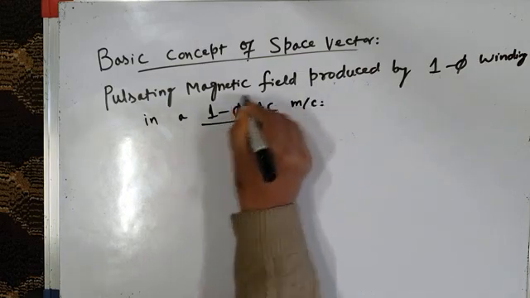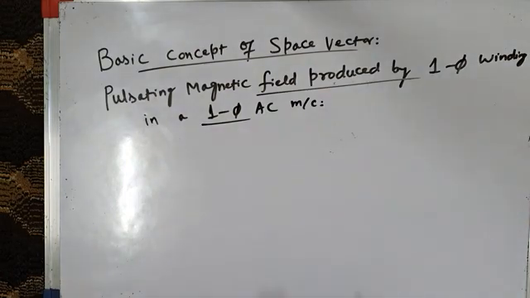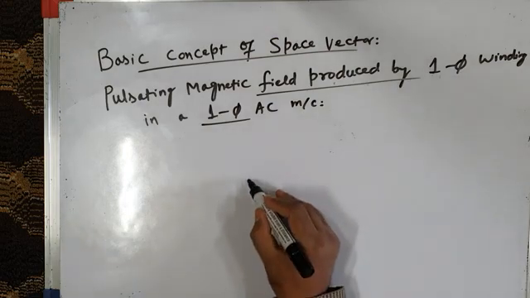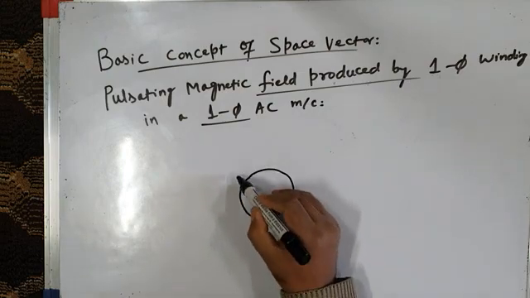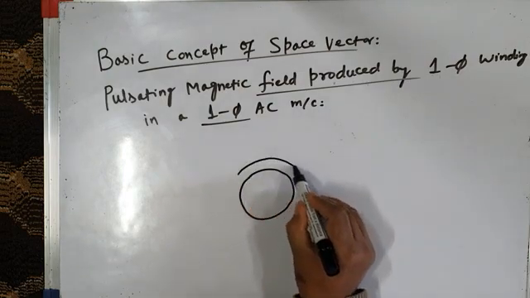I have a single-phase induction motor and it has a single-phase winding, and when this single-phase winding is excited by an AC voltage source, it produces a pulsating magnetic field. So it is something like this. I will draw the elementary single-phase induction motor.